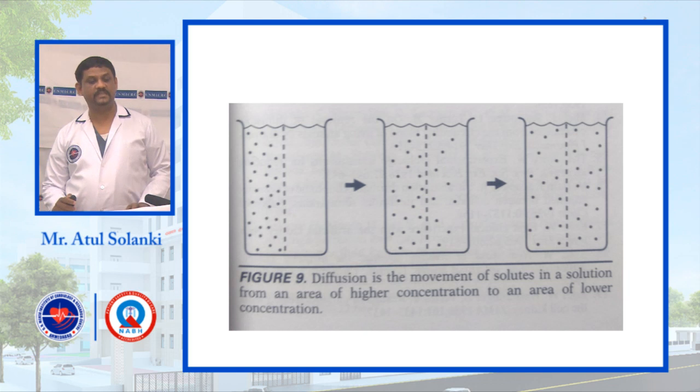In this figure, we can see that diffusion is the movement of solute in a solution from an area of higher concentration to an area of lower concentration. We can see this in figures A, B and C.